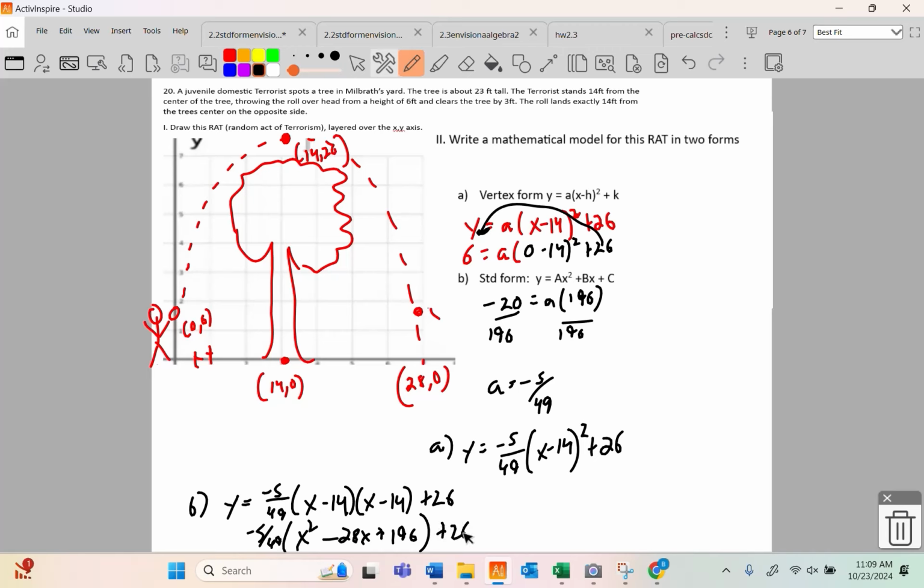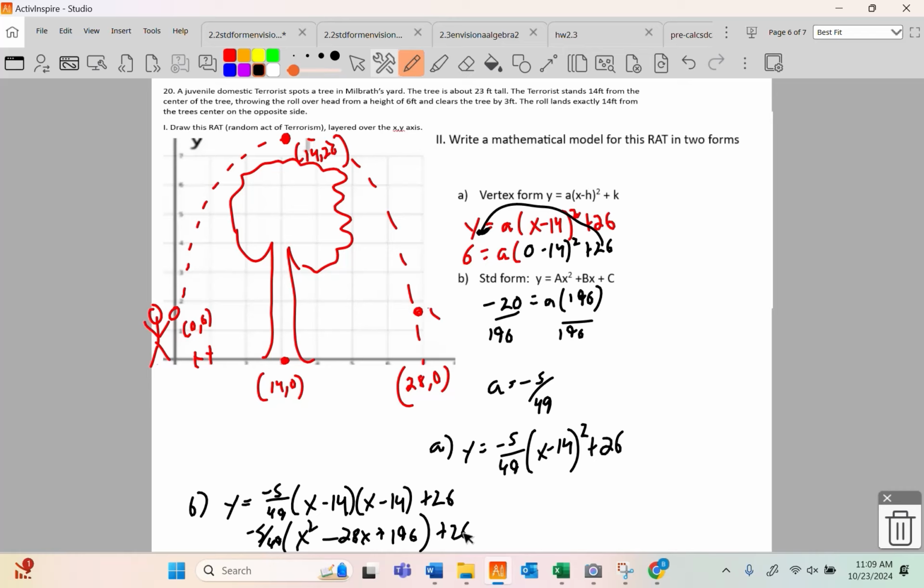You have to distribute the negative 5/49. And this is where it gets fun.